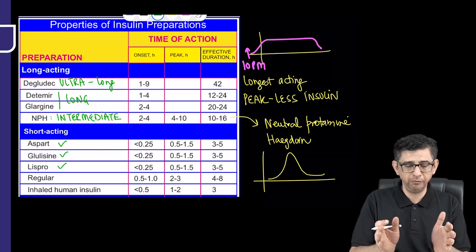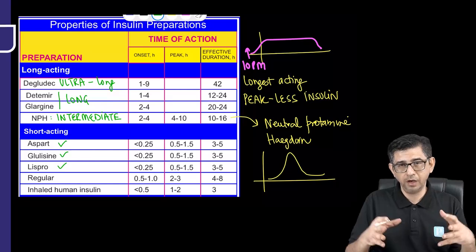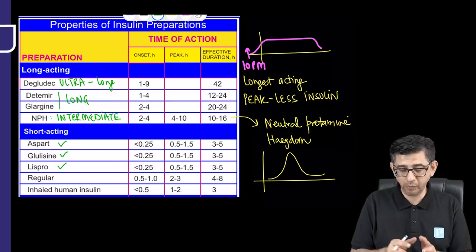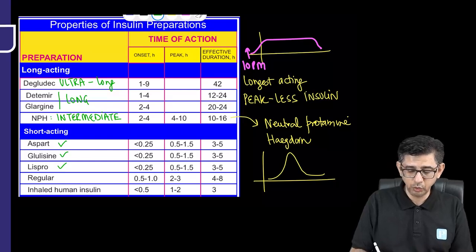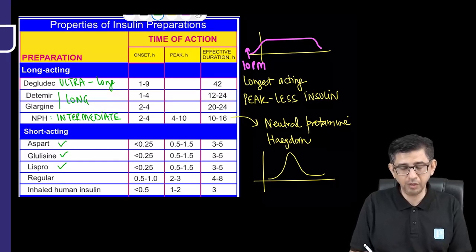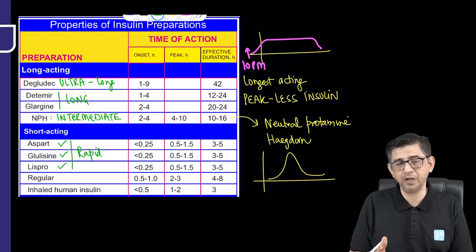So we can work out the total amount of calories and the carbs that are going into the body of this patient, and how much insulin would then be required. Like I said, 1 unit can neutralize approximately 15 grams of carbohydrate. So these lispro, aspart, and glulisine, in the older editions of the books, were referred to as rapid acting insulin.